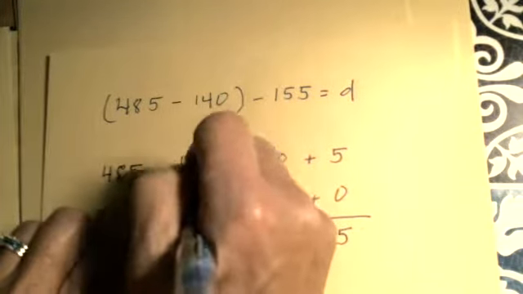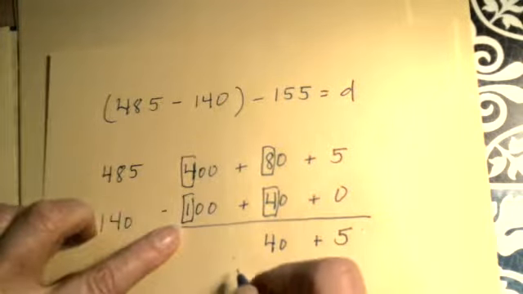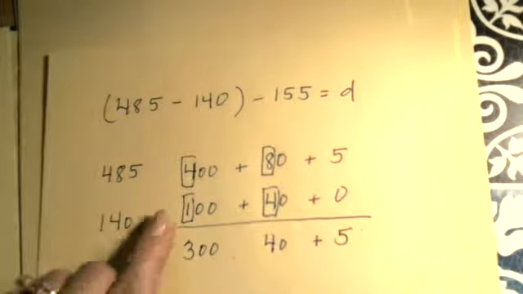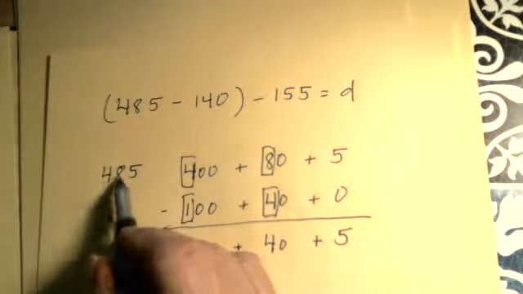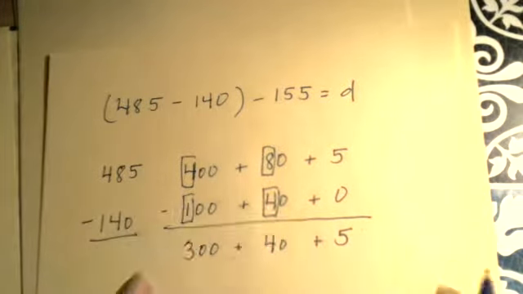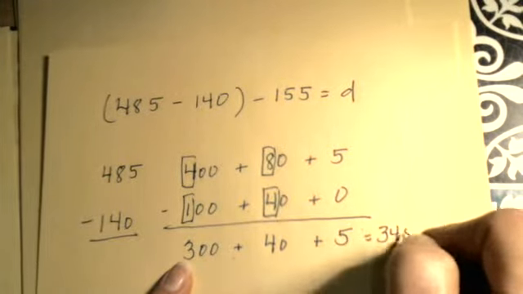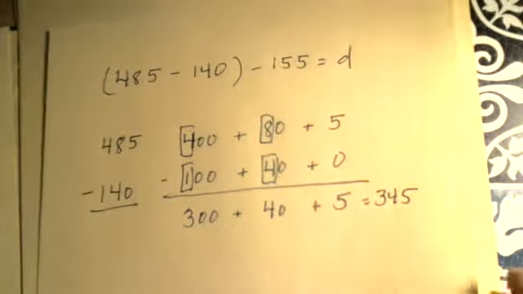And same thing with the hundreds. 4 take away 1 is 3, so 400 take away 100 is 300. So this 485 minus 140 is 345.